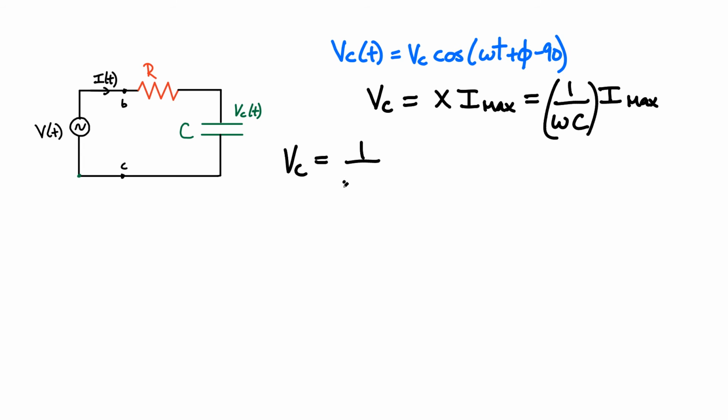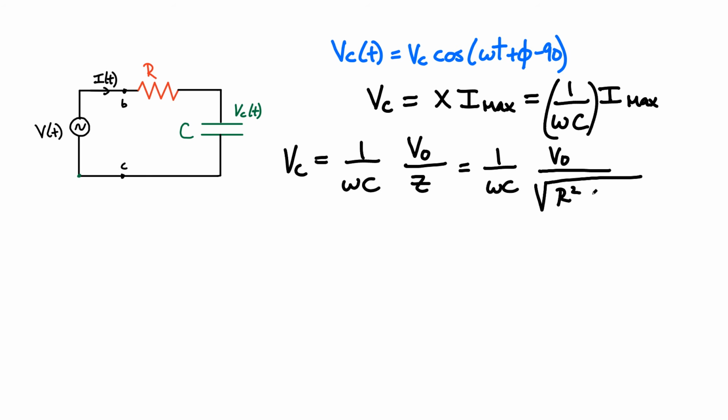So you have 1 over omega C times the driving voltage, V0, divided by the impedance Z. We can substitute that in: omega C, V0, divided by the square root of the resistance squared plus the reactance squared. The reactance is 1 over omega C, and you have to square this entire thing.